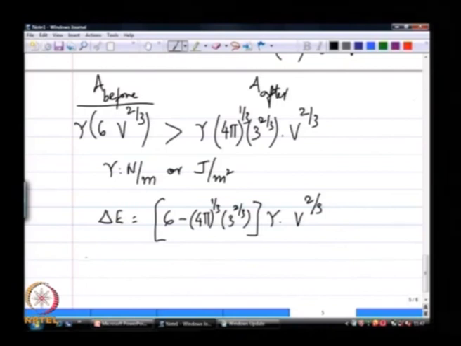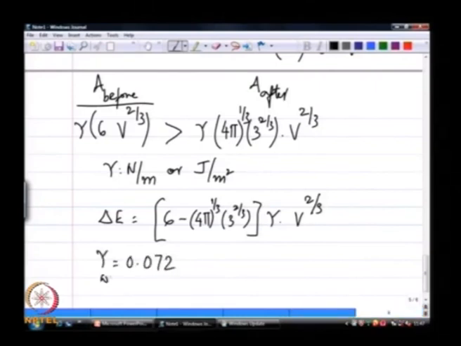Okay, just to give you some numbers here, I want to make sure gamma has units for water.